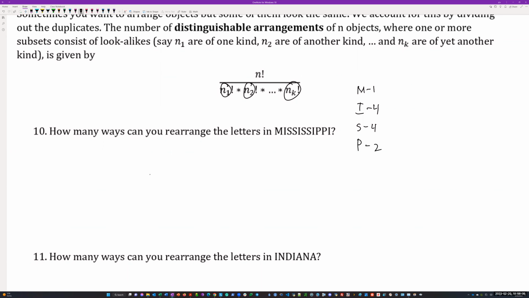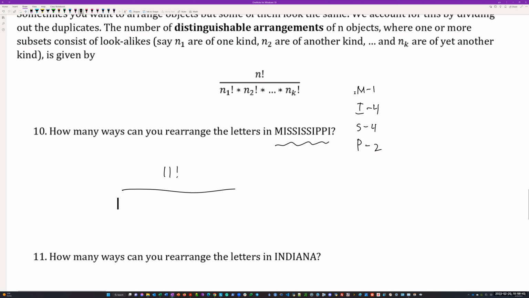Is that correct? How many ways would there be to rearrange the letters if they were all different from each other? 11 factorial, there's 11 distinct objects here, so there'll be 11 factorial ways to rearrange them. 11, 10, 9, 8, 7, 6, 5, 4, 3, 2, right?